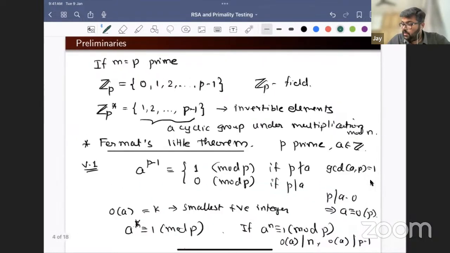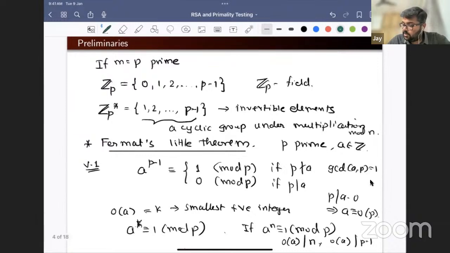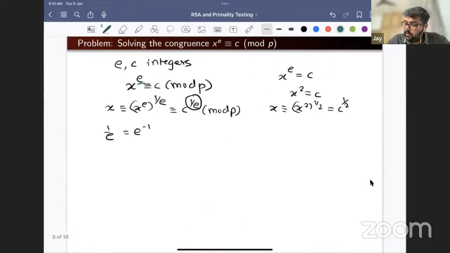So here we need the inverse of e, but e is in the power, right? And by Fermat's theorem, the remark we just made, the exponent divides p minus 1. So the inverse we need is modulo p minus 1.